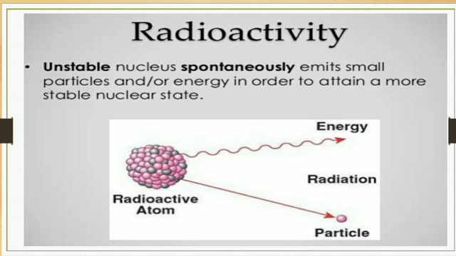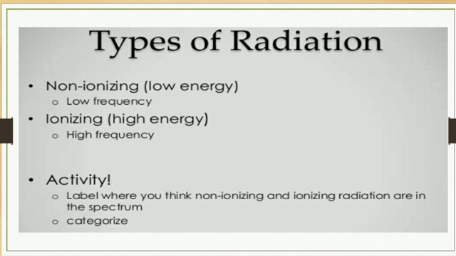I already said the types of radiation are non-ionizing radiation and ionizing radiation. Based on energy, non-ionizing radiation has low frequency, that is low energy, and ionizing radiation has high energy, that is high frequency.